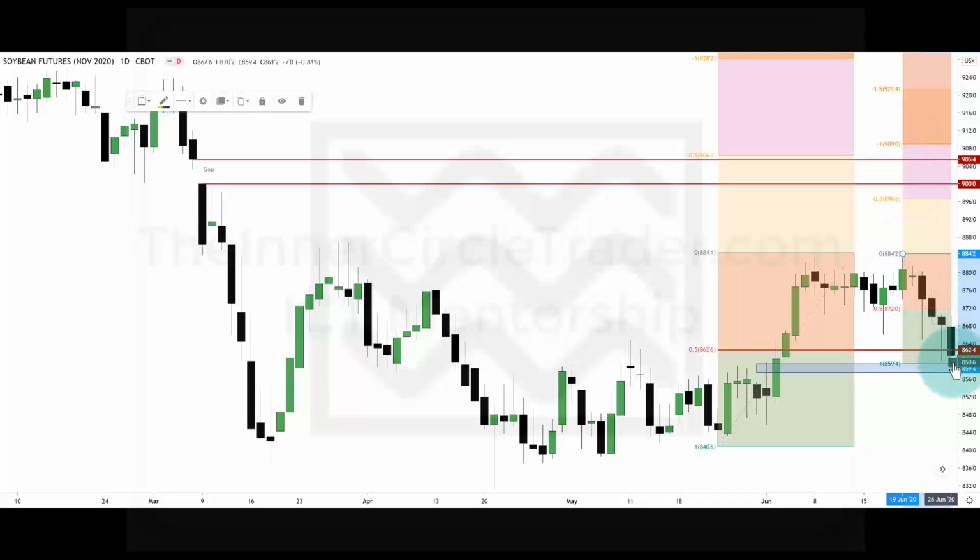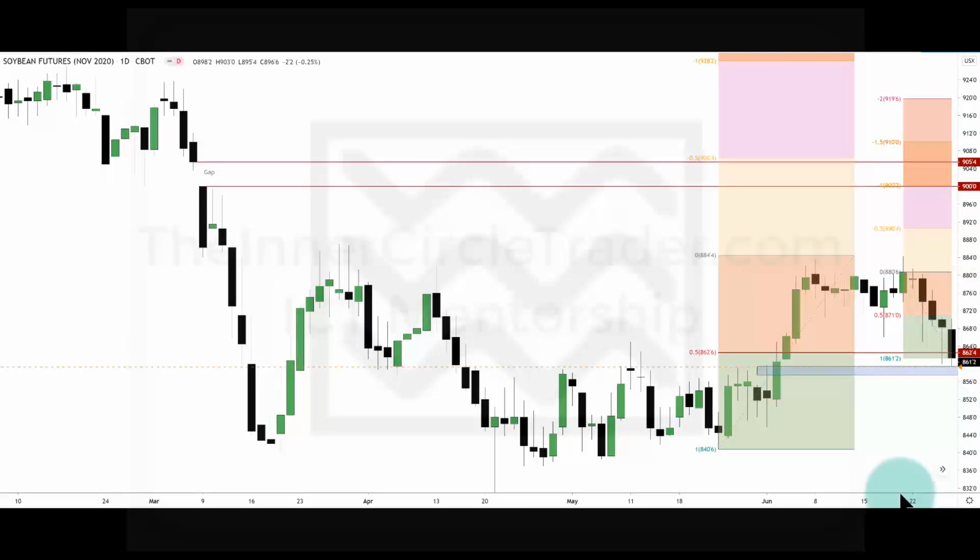If we put the fib on the bodies of the candles, again accounting for the wicks and the tails as just normal running on liquidity or running stops, the bulk of the volume is going to be seen in the bodies. So if we take this to this, once this high is taken out, one standard deviation takes us to this level right here, and takes us right to the butt end or discount end of the gap.